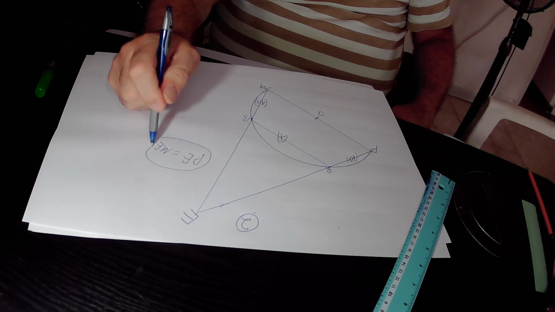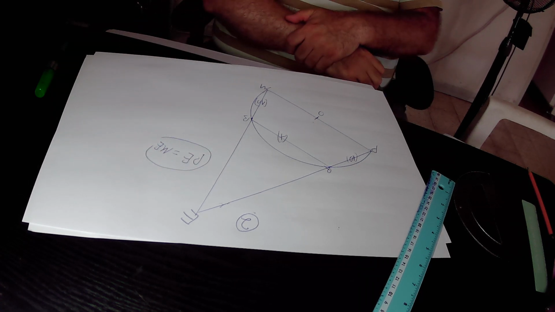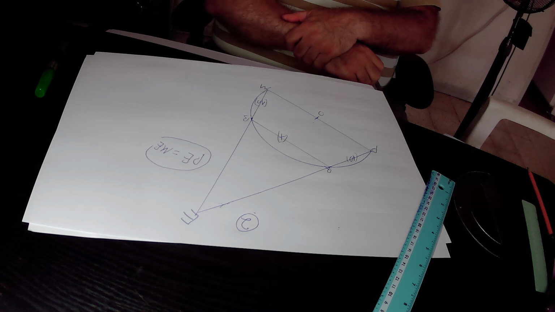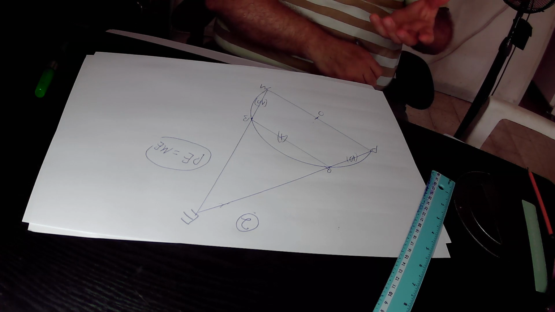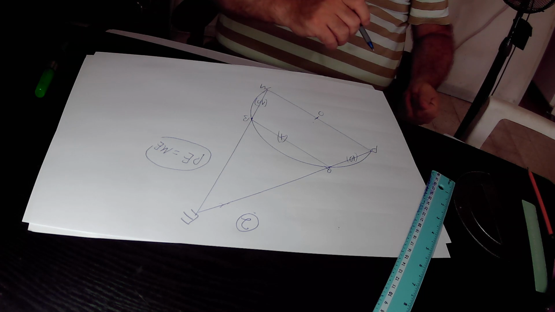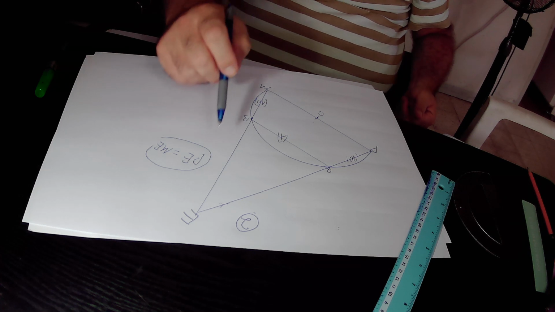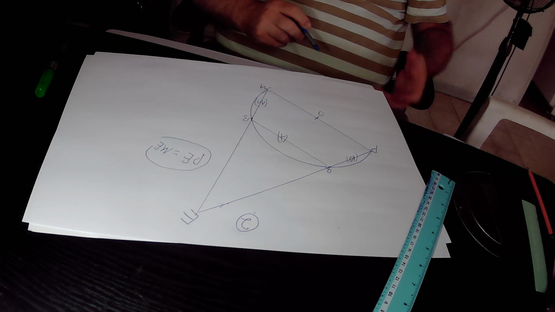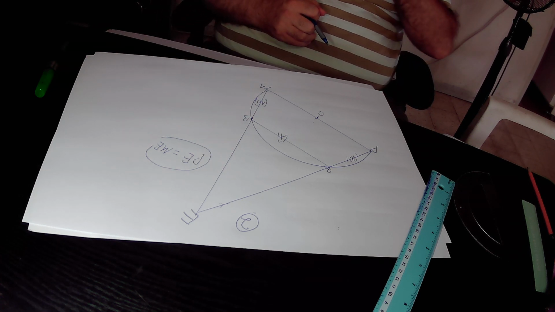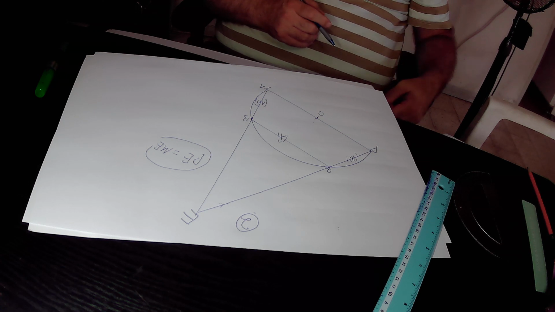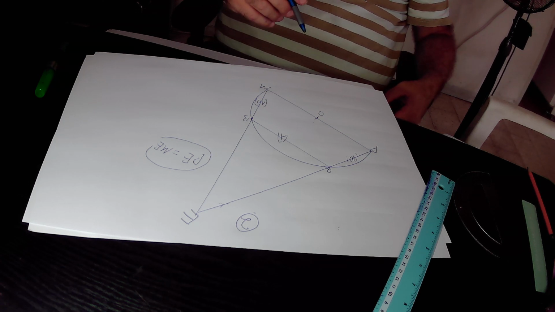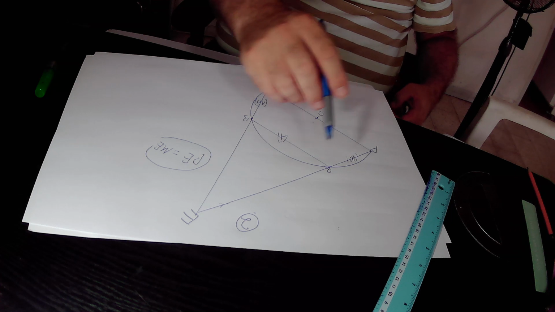The extended line segment PE must be equal to the extended line segment ME, according to the rules that I mentioned. So, by doing these constructions, we get the triangle PEM.